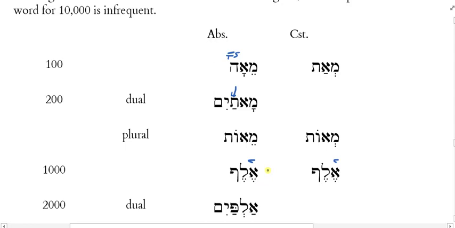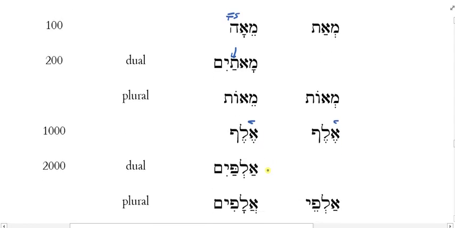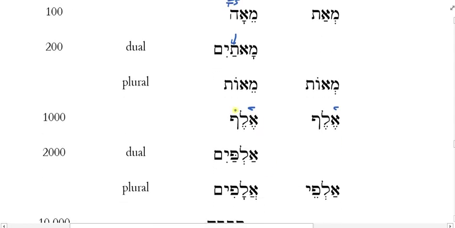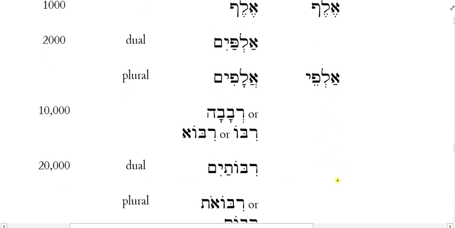Look at the way to say 2,000. I just take the word aleph, which means 1,000, and I make it what? I make it dual. Al-payim. And then if I want to talk about more than 2,000, 3,000, 4,000, it's alafim. And if I want to make it construct, it's al-pay. The word for 10,000 is rivava. Everybody say that, rivava. Or ribo.